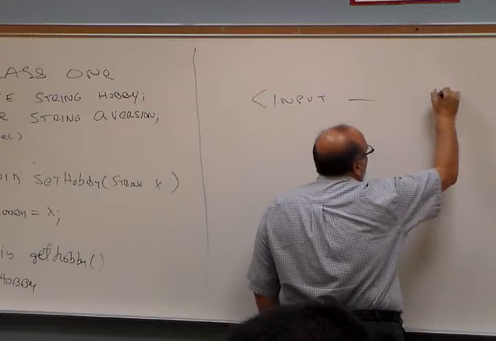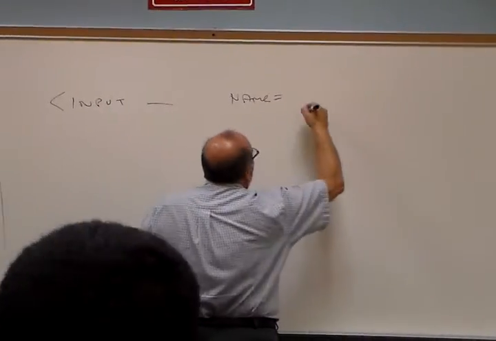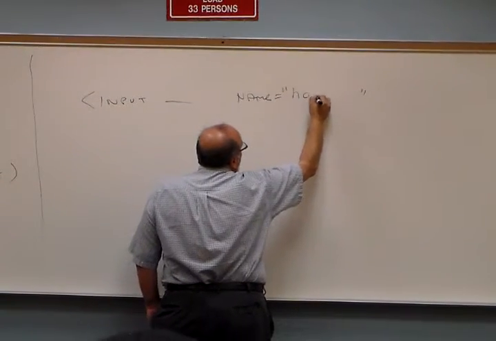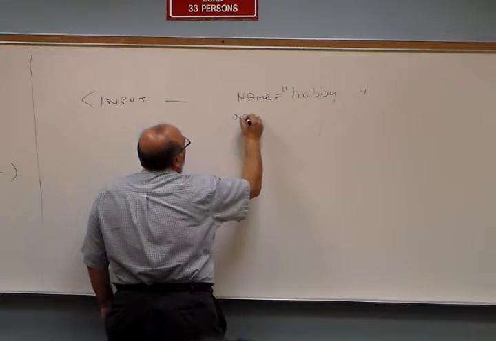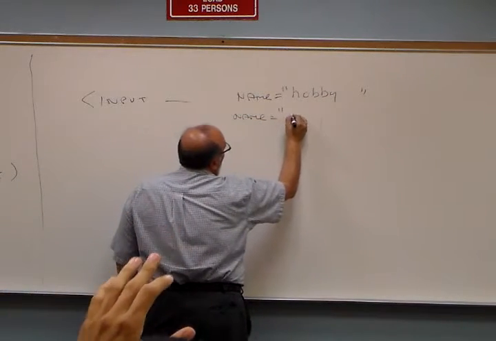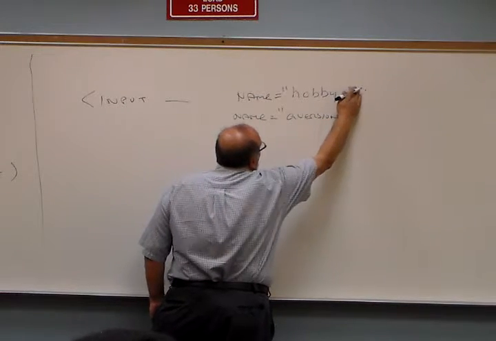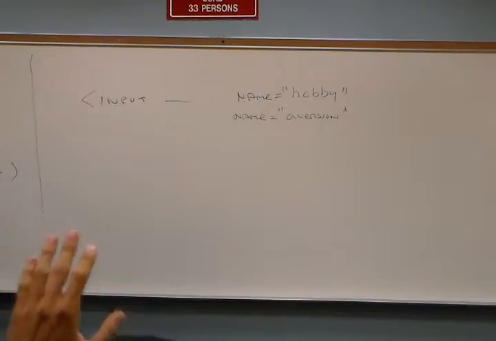One is that, the second one is the name, and the third one is the value, right? So we're only interested always in the name. So he has this hobby, and the other one that he's introducing right now is called a version. The rest is the same, right? But we need to concentrate on that.